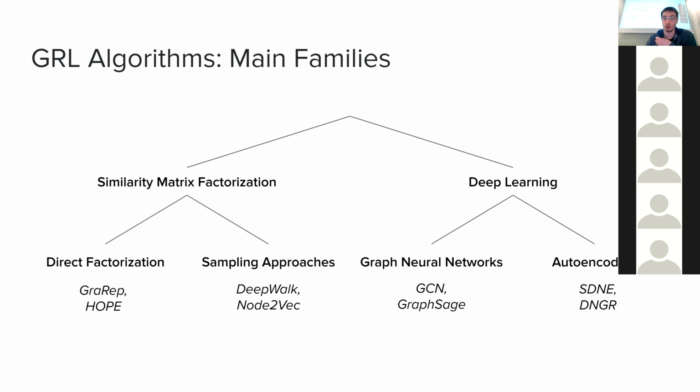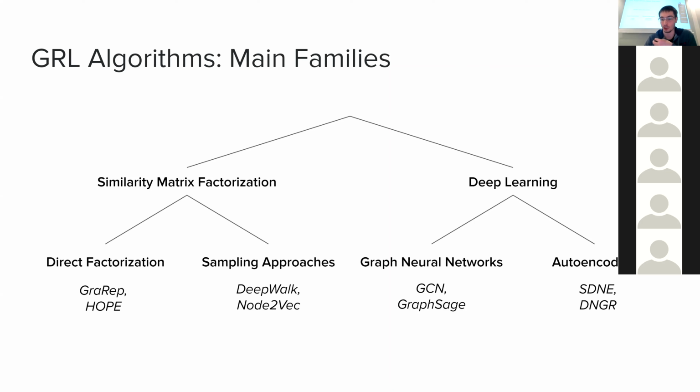So if you're not sure what is important in your network, you can use a GNN, and it will find out by itself what is important. The thing is, it's a bit dangerous because you might end up getting very good results with a GNN that you would also have had by not using graph representation learning at all, because the GNN internally uses deep learning. So it could basically decide internally to disregard the topology.